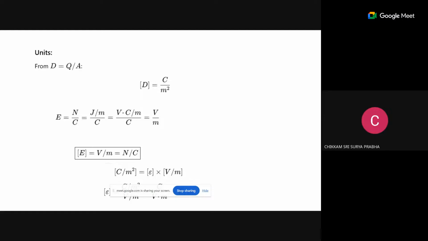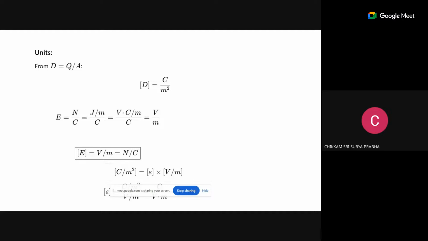Coming to the electric field, we know the electric field at a point is defined as force per unit charge. So mathematically, we can write E as force per charge, that is F by Q. The unit of F is newton and the unit of charge is coulomb.